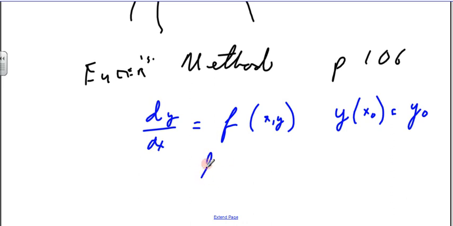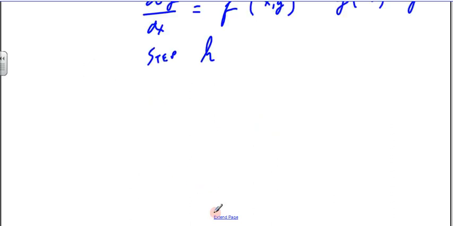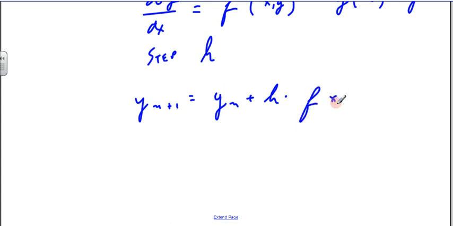Given some step h, I can find y(n+1), the next spot. y(n+1) is going to equal y(n), my initial condition or wherever I am, plus the step times the function at x and y(n). And we're going to do this using spreadsheets.